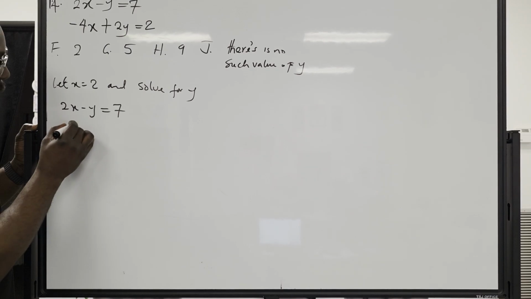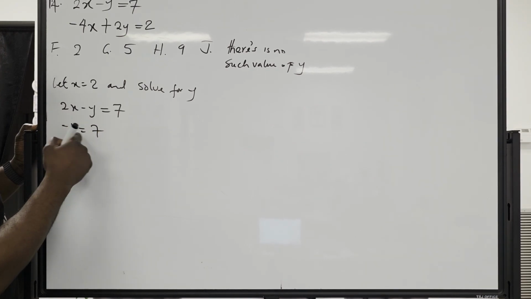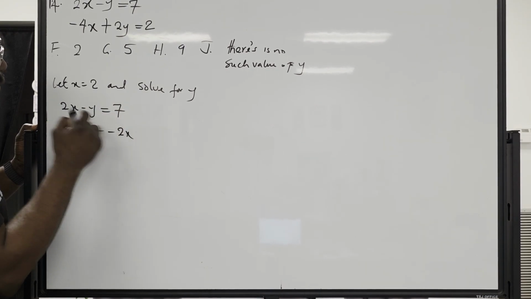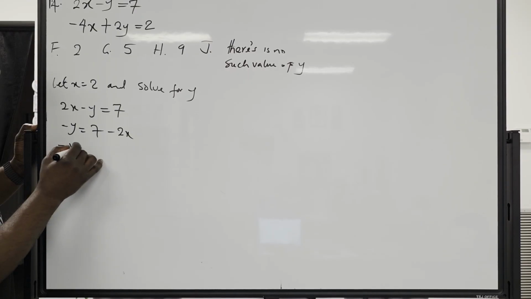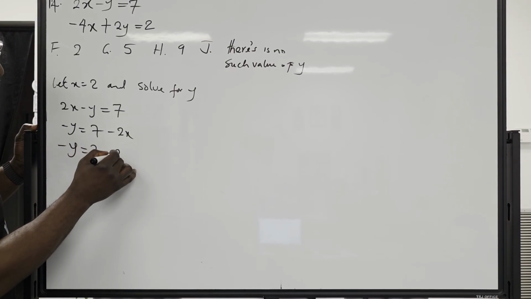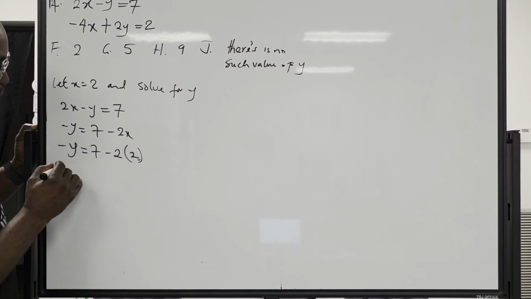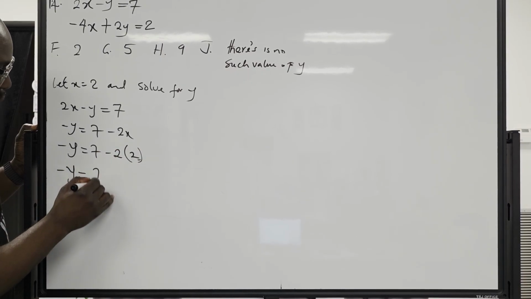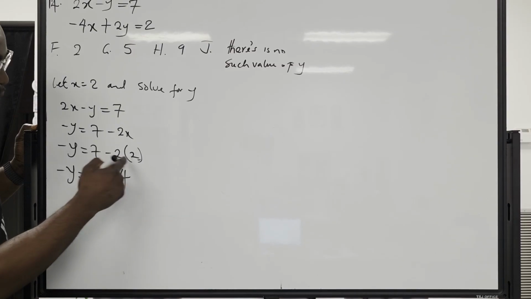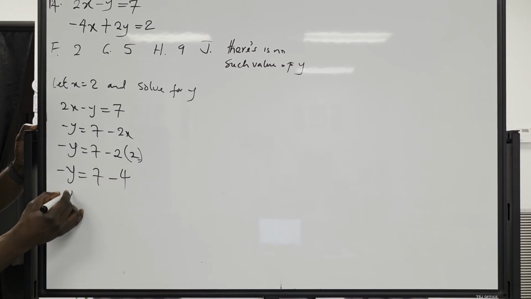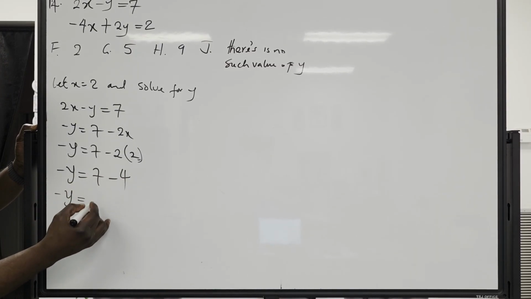So 2x minus y is equal to 7, so minus y is equal to 7 minus 2x, because we're moving this to the other side. X is 2 here, so minus y is equal to 7 minus 4, since 2 times 2 is 4. So minus y is equal to 3.